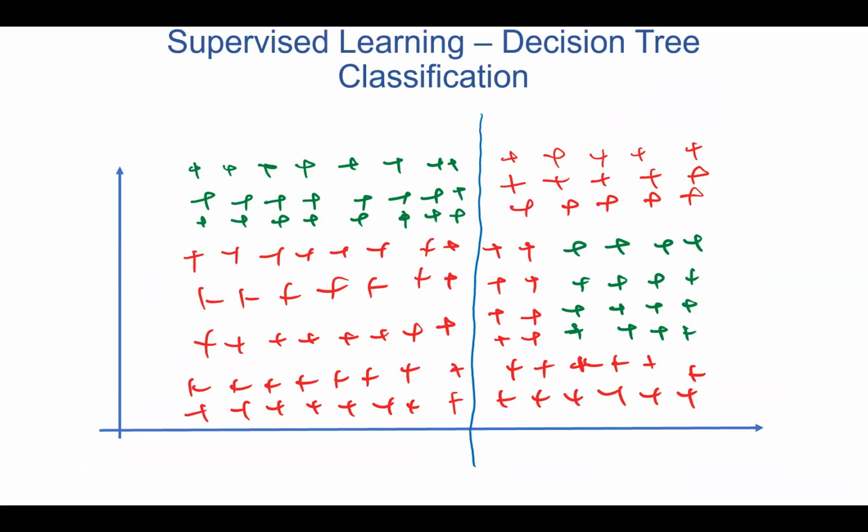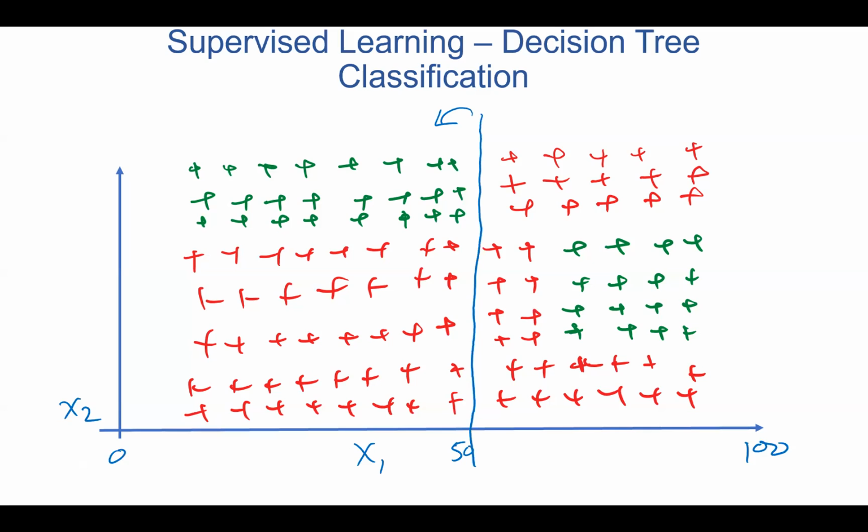Something like this. Okay, we can have this split, and we can say, suppose that this is x1 and this is x2, and the values go from 0 to 100.